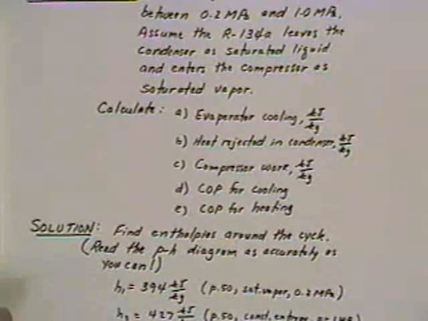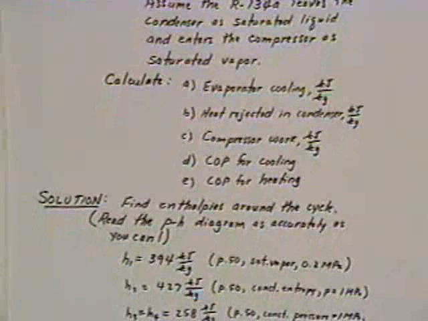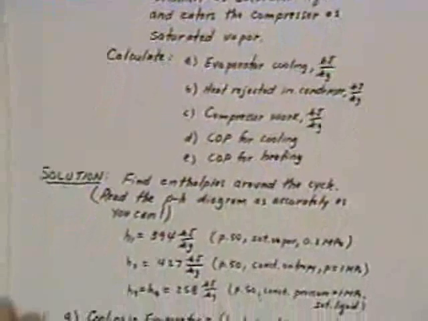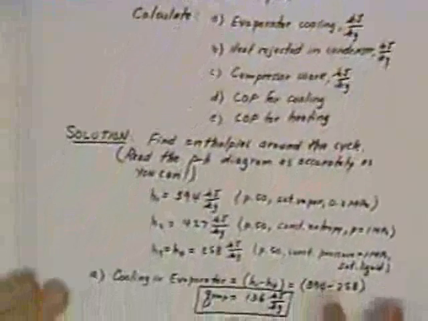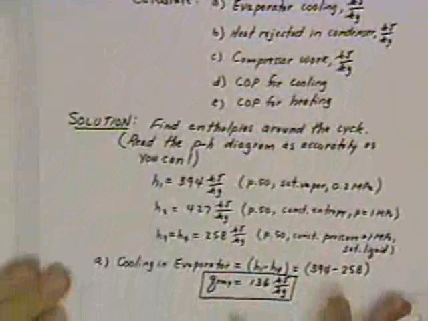So in order to do this analysis now, we went through the theoretical analysis for a Carnot refrigeration, but this is going to be a real cycle now. So when we go through a real cycle using refrigerants, we've got to determine the enthalpies around the cycle.